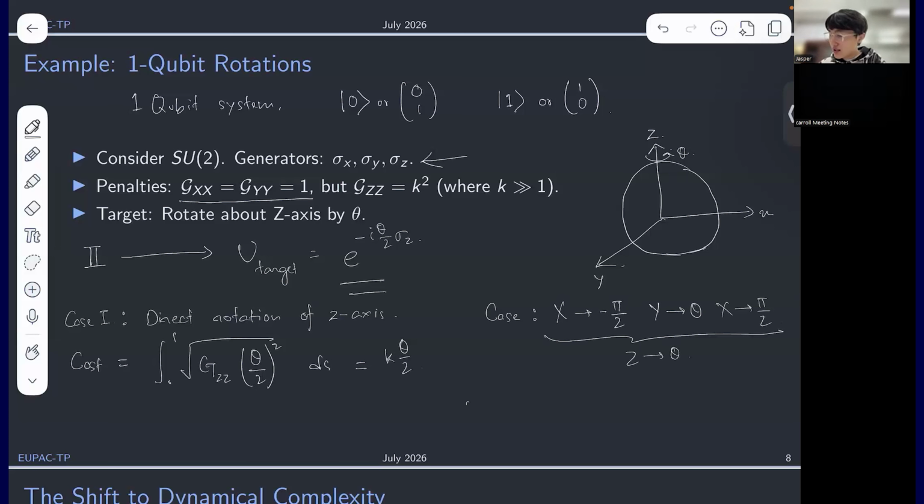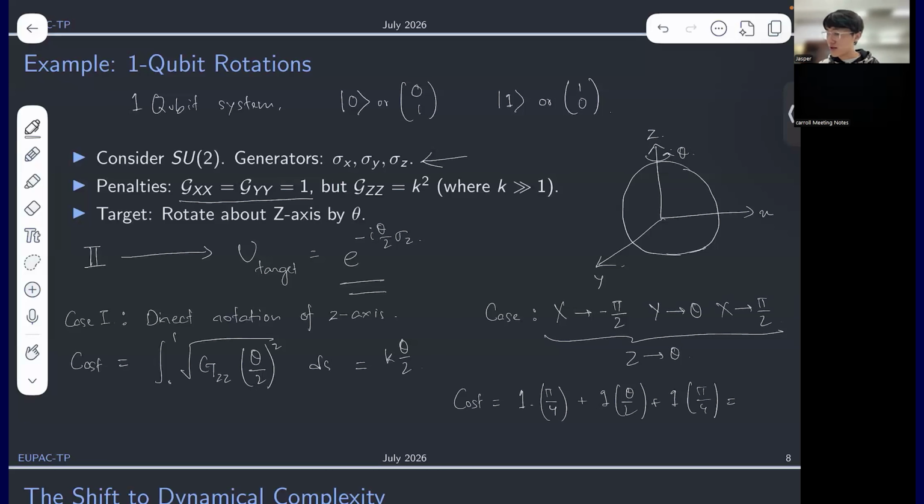And the cost here is going to be just Zxx, which is just 1 multiplied by pi by 4, plus 1 multiplied by theta by 2, plus 1 times pi by 4.